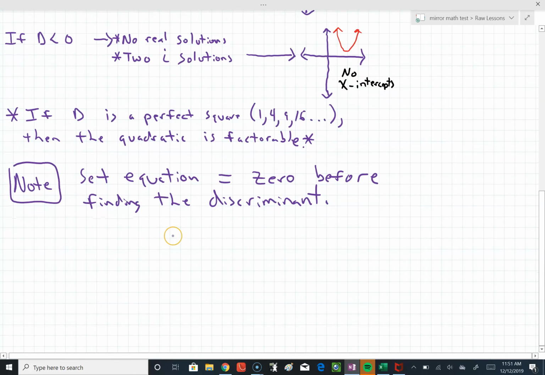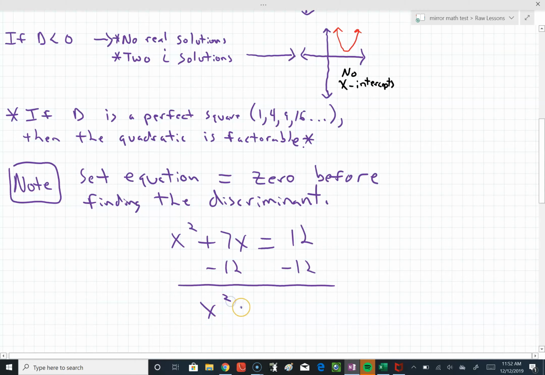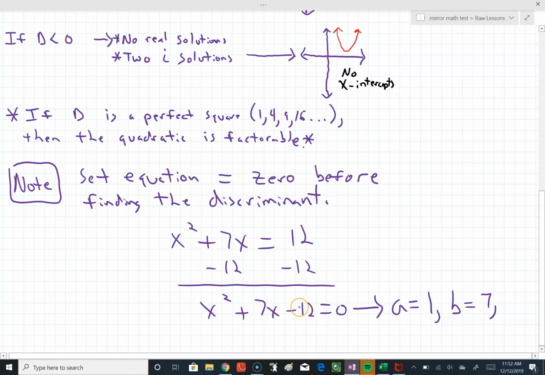For instance, if you're given x squared plus 7x equals 12, we would first subtract 12 from both sides, yielding x squared plus 7x minus 12 equals 0. Then we would identify our a, b, and c. A being 1, the coefficient of my squared term. B being positive 7. And c being minus 12.